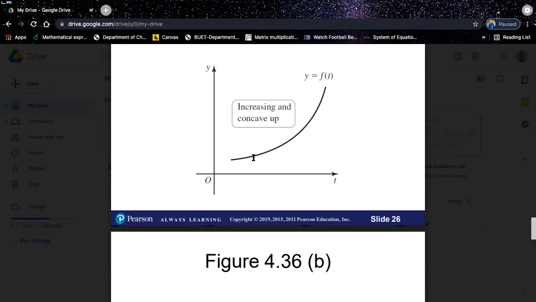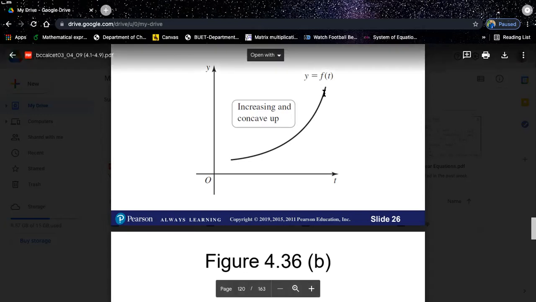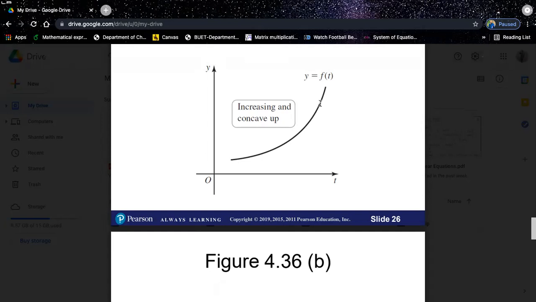And if you move forward, you can see the slope of the tangents are getting bigger. Don't just trust me. If you have any scratch paper in front of you, just draw a curve like this and try to draw tangents at some of these points.